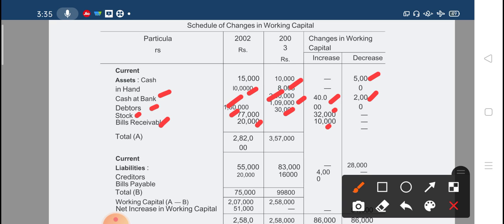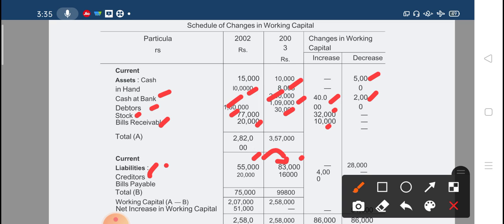Coming to current liabilities, only two current liabilities are there. First one is creditors and another one is bills payable. The creditors opening balance 55,000 in 2002 and the closing balance of rupees 83,000 in 2003. So here the amount is increased.